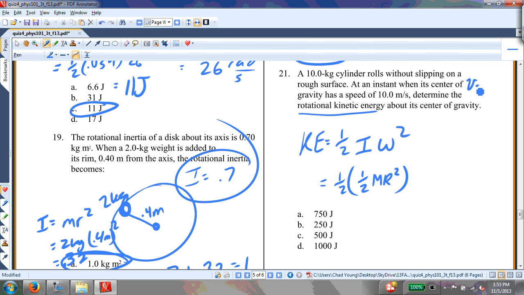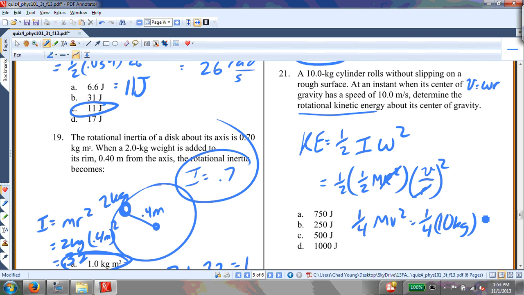I know that v is equal to omega r, so omega then is equal to v over r, squared. My radii cancel there, so I'm left with 1/4 mv squared, which is 1/4 of 10 kilograms, that's my mass, times 10 meters per second squared. It's 1/4 of 1,000, which is 250. So number 21 is B.